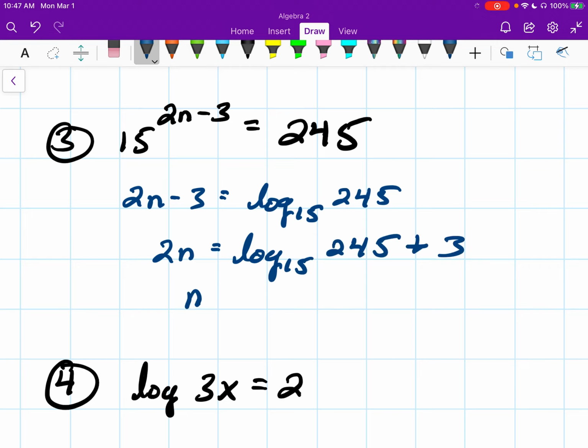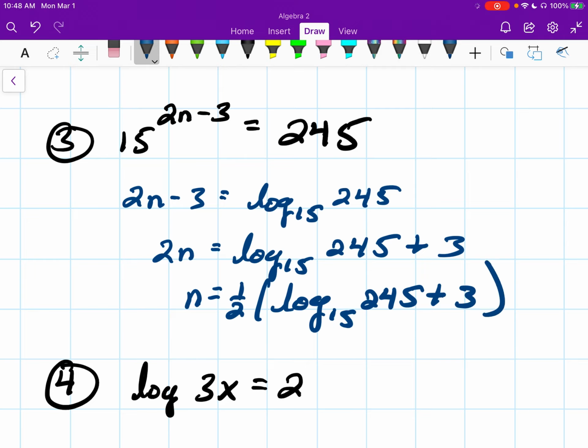And then I'm going to have n equals 1/2, and I like to leave it as a 1/2 whenever I type it in my calculator. Parenthesis log base 15, 245 plus 3. But you have to remember to close that parenthesis at the end. So I'm going to type in my calculator 0.5 parenthesis, then my log base button, 15, 245, and then plus 3.